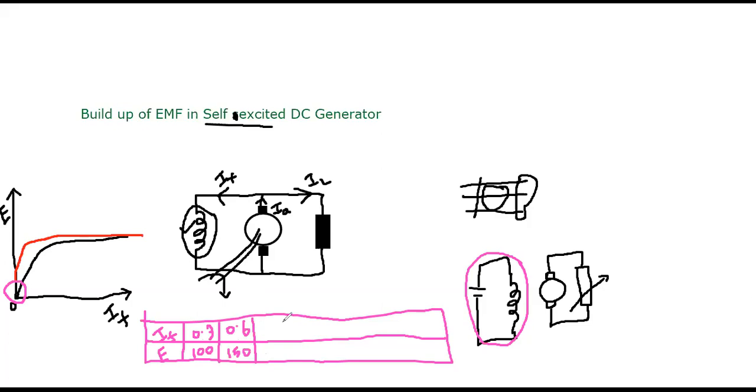When we increase to 0.8, then 1, then 1.2, here 1.4, and here 1.6, it may be like that.